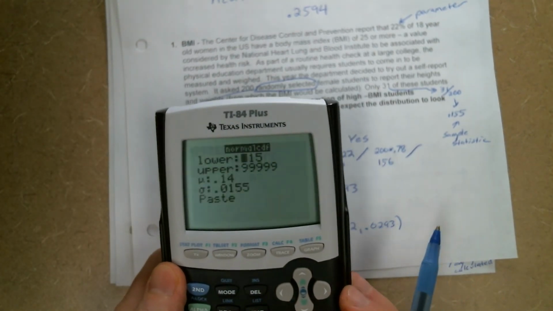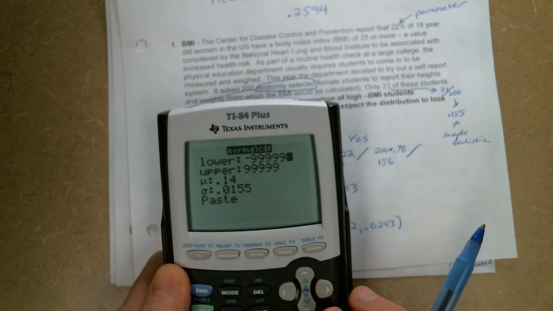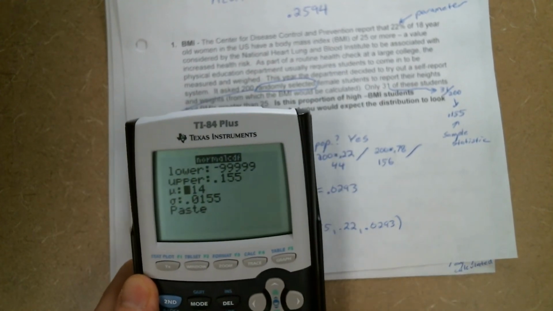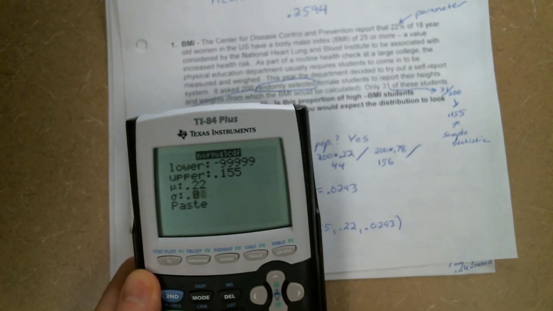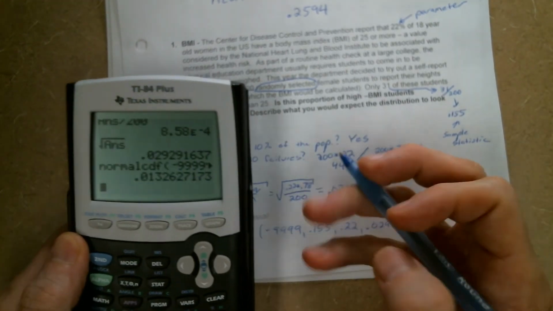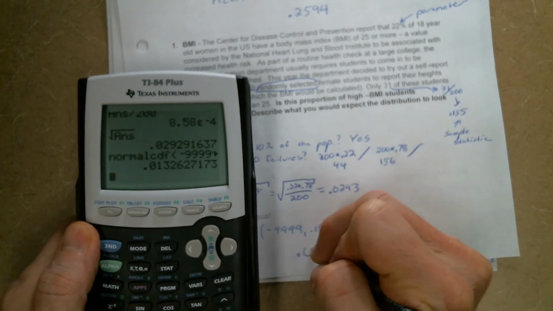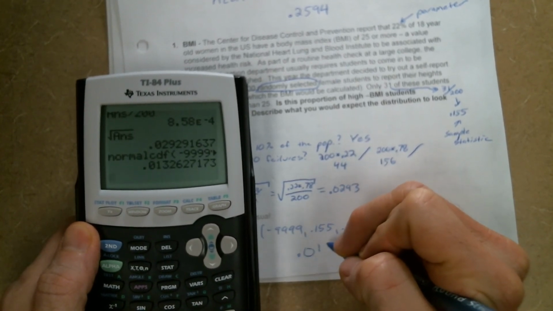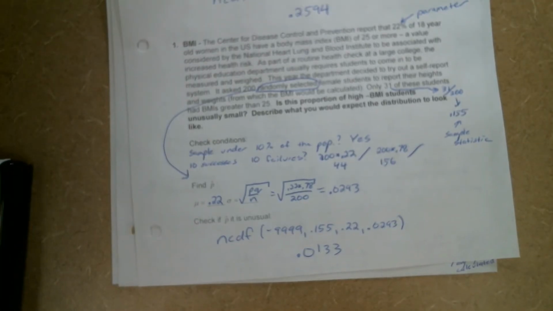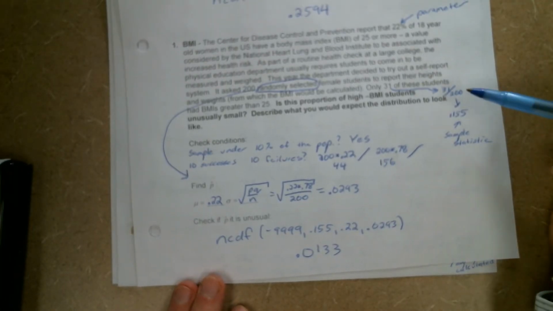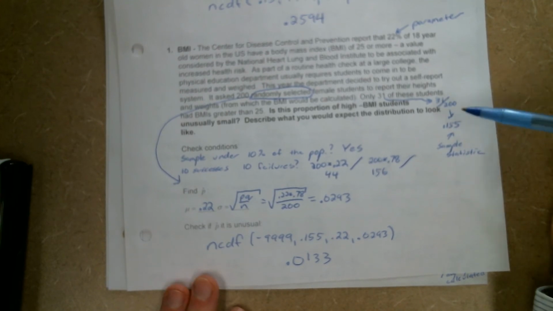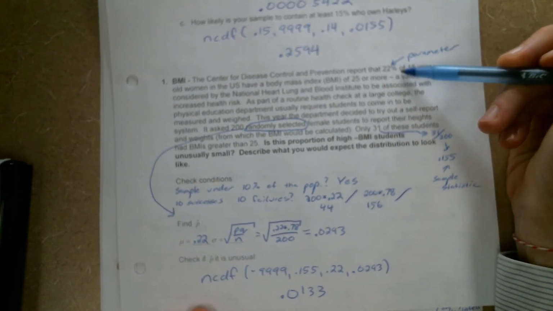So we go here, normal CDF, negative 999, 0.155, 0.22, 0.0293. And it's telling us that it's 0.01033. So there was a 1% chance of getting this value if this parameter is true.